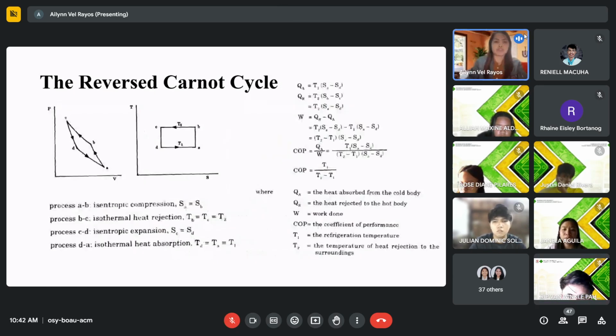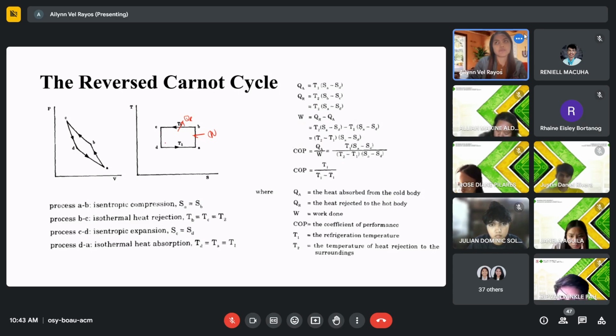Okay. So again, ito yung ating heat rejected sa condenser. Ito yung work input natin, compressor muna. So A to B, isentropic compression. So work input. B to C, so that is the isothermal heat rejection.